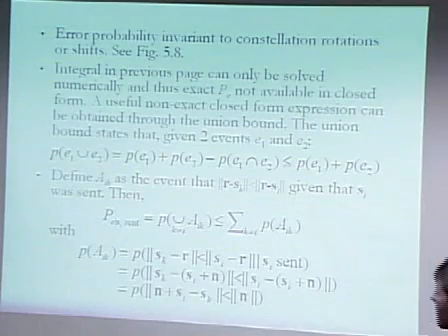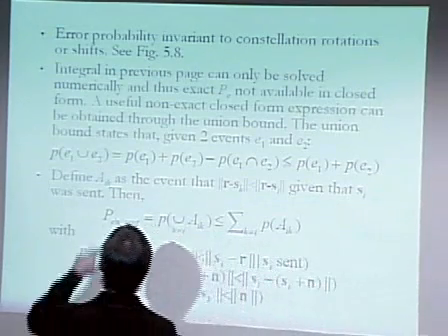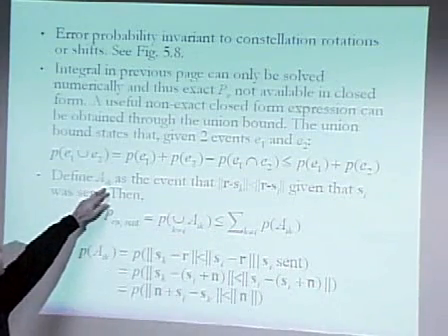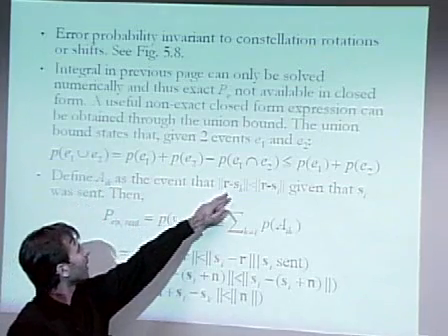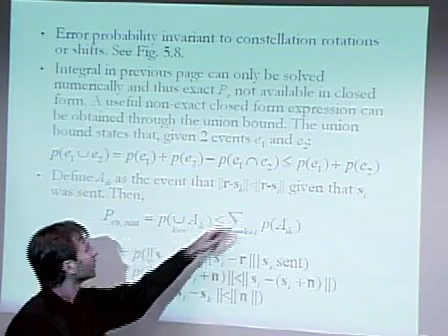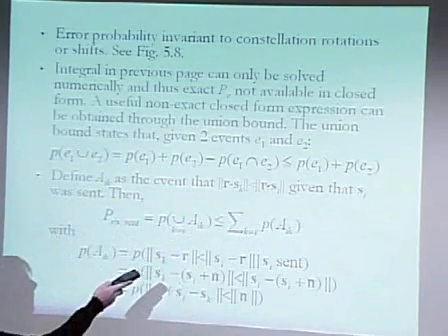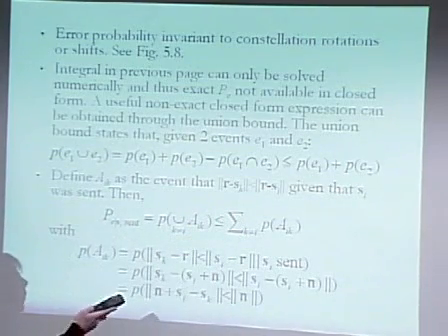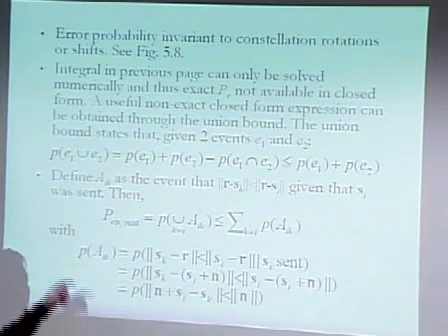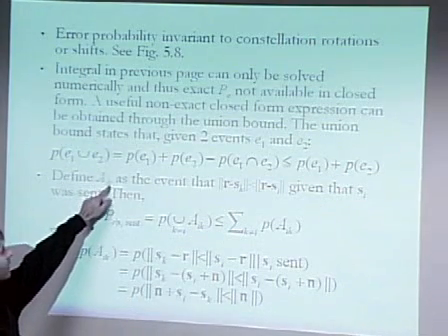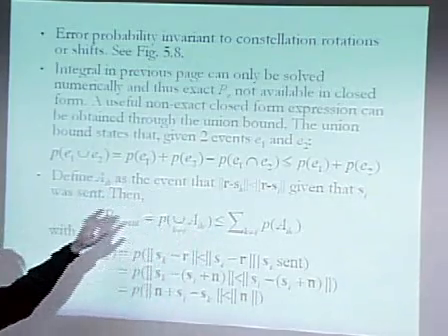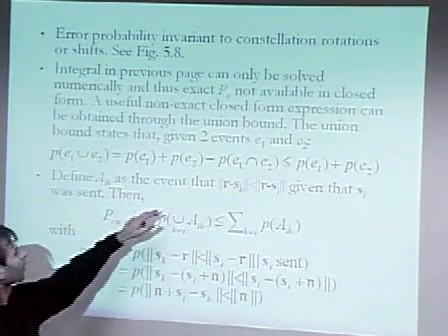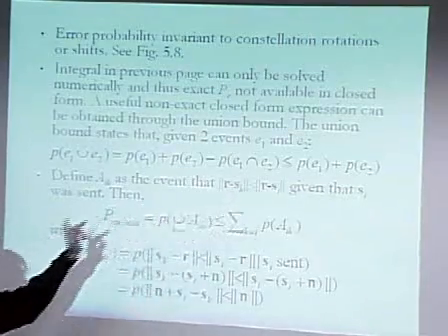Now, going back to our formulation, let's define as A sub ik the event that the received point R is closer to S sub k than to S sub i, even though S sub i was actually sent. Okay? Remember, A sub ik is the event that R, what we observe after the noise, is closer to k than to i, even though we sent i.